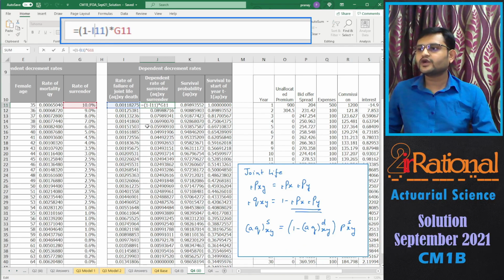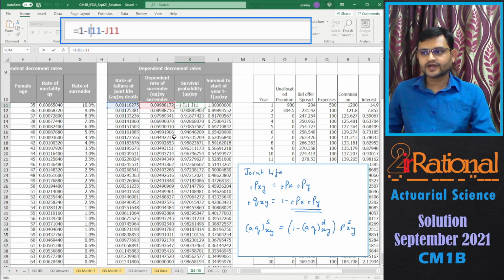So our dependent rate of surrender formula will be very straightforward. For survival probability, we'll just take 1 minus probability of death minus probability of surrender.